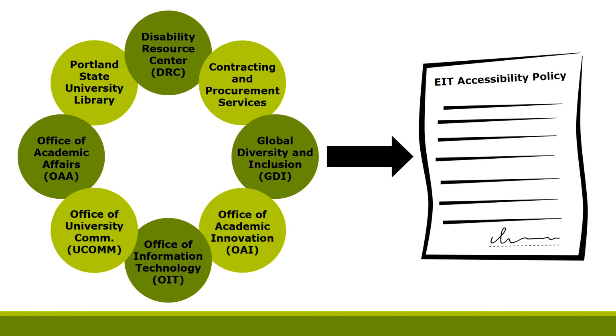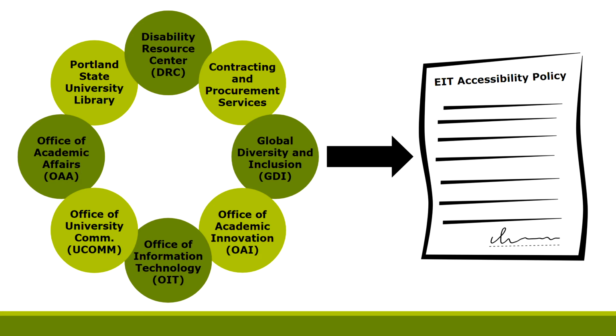This training series is a critical application of Portland State University's Electronic and Information Technology, or EIT accessibility policy, developed in collaboration with the Disability Resource Center, Contracting and Procurement Services, Global Diversity and Inclusion, the Office of Academic Innovation, the Office of Information Technology, the Office of University Communications, the Office of Academic Affairs, and the Portland State University Library.